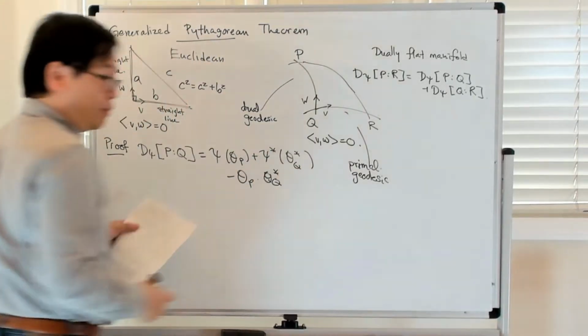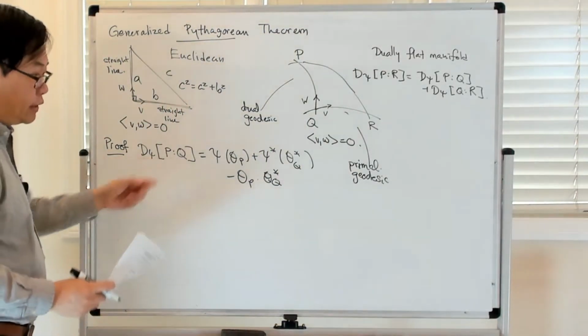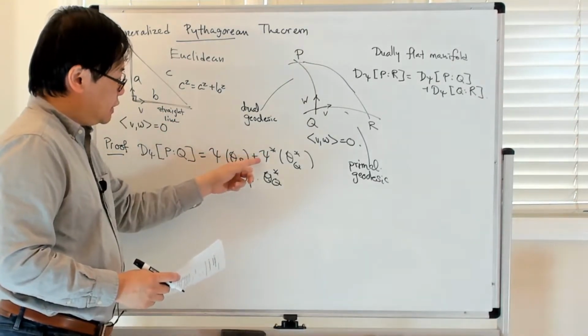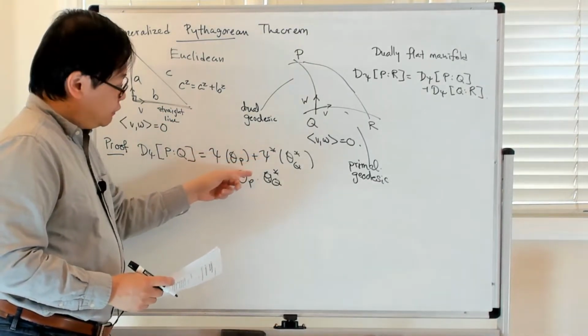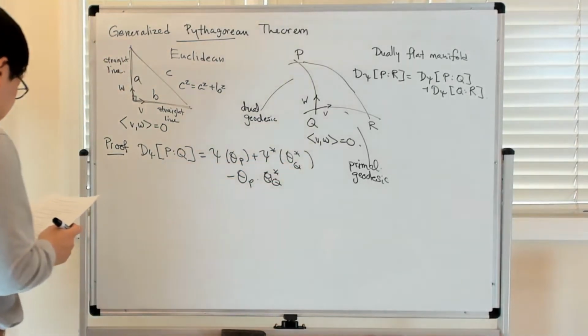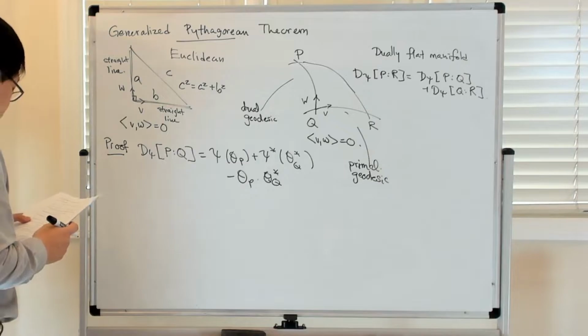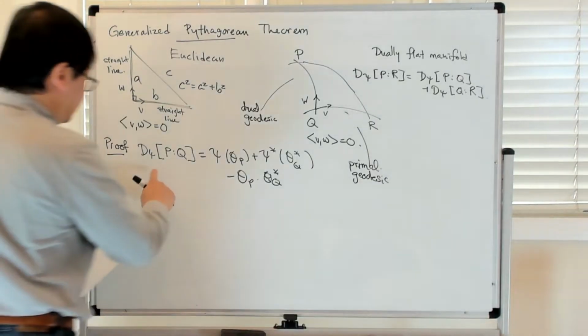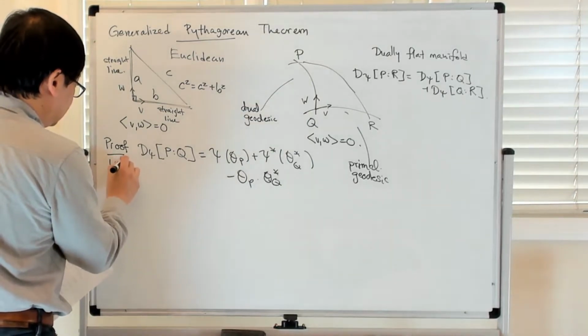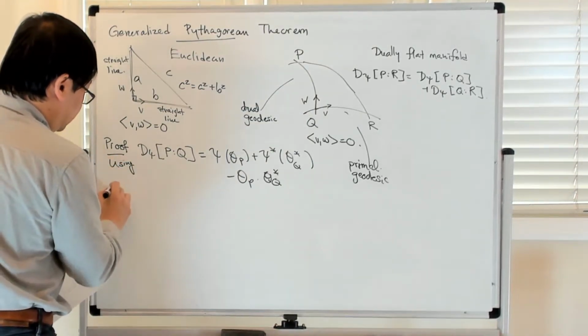This is one of the many ways of writing down the Bregman divergence. If you recall, it involves the Legendre transform of the convex functions and the dual coordinate systems you have on this manifold. So by using this kind of relationship, you can show the following.